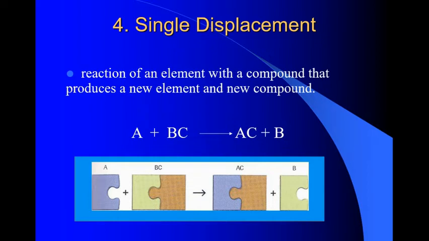Tin is what they make Altoid containers out of. Lead, if you're a fisherman, they make lead weights. They also make BBs out of them. And then obviously, copper, silver, and gold. Silver and gold are so non-reactive, you can actually wear them as jewelry.